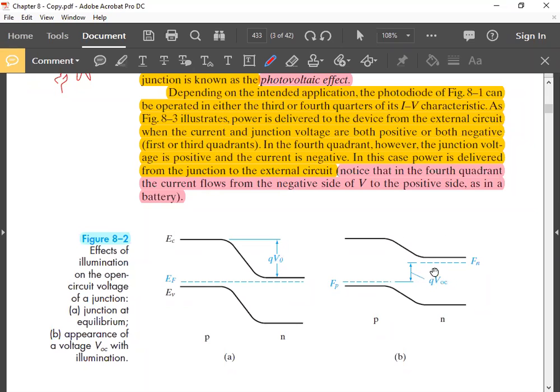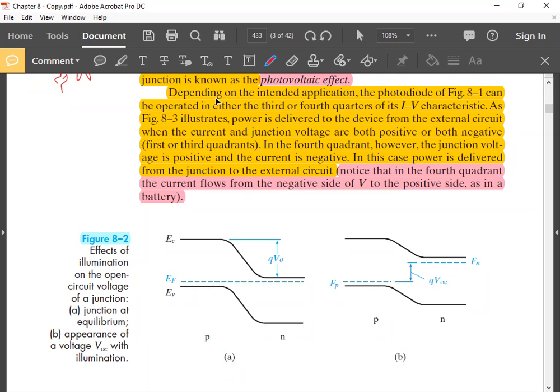When VOC is created, since it has the same polarity as the forward voltage, the Fermi levels of both sides will be misaligned by this QVOC, just like a forward biased PN junction. So the maximum value of VOC can be this VO.